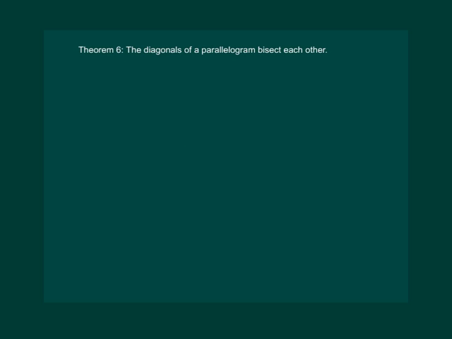Next property of parallelogram is that the diagonals of a parallelogram bisect each other.